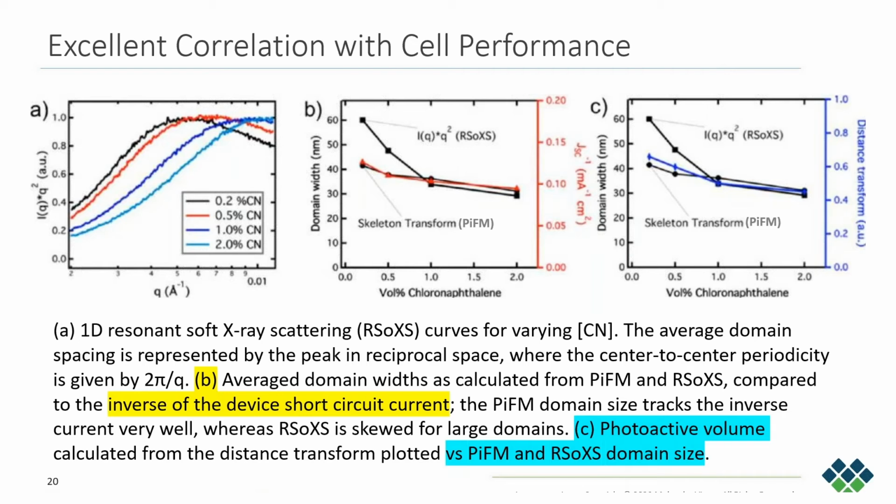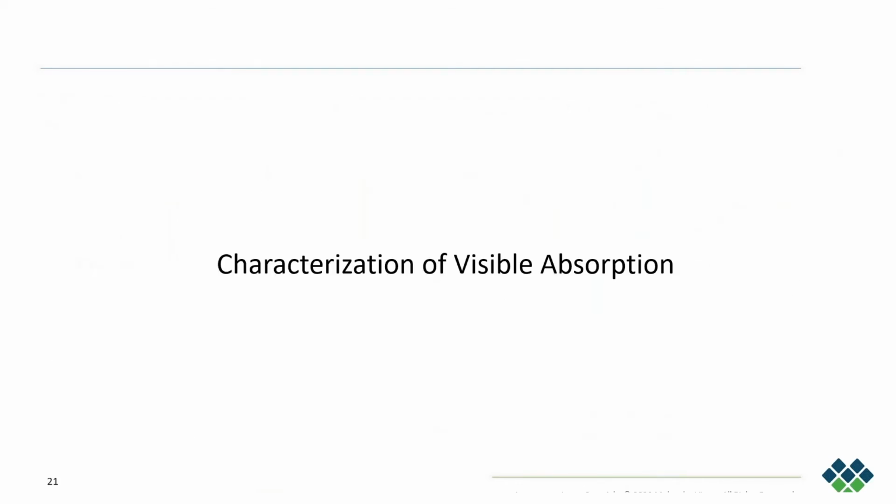The same thing holds for photoactive volume shown in C, when it's plotted against the PFM domain size. It agrees much better than the soft X-ray scattering curves. So we can see how PFM can be used to define the domain sizes of blended samples.